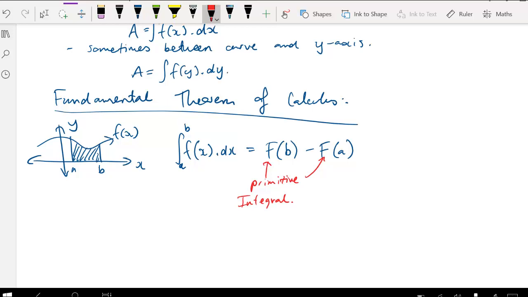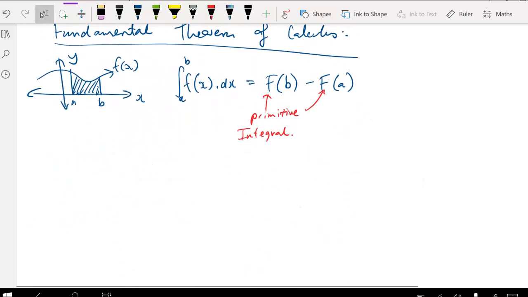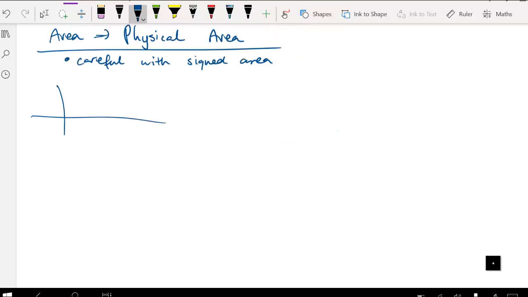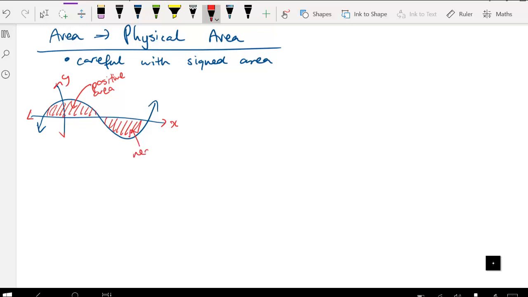We'll be using that as our process for calculating the area under the curve, and our major focus is going to be on physical area, and that means we have to be careful with signed area. For any function that crosses through the axis, if it exists above the x-axis, then we're going to have a positive area, and if it sits below the axis, this is x and this is y, so it's only the x-axis that we're talking about, this will be a negative area.